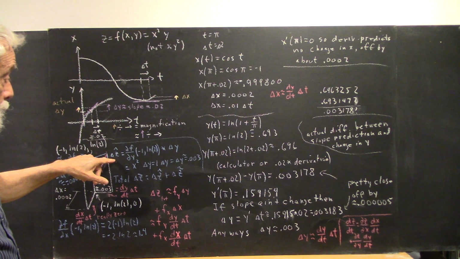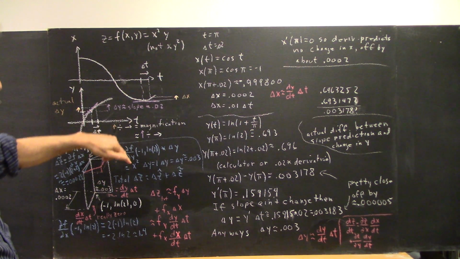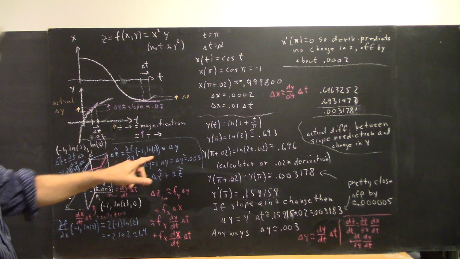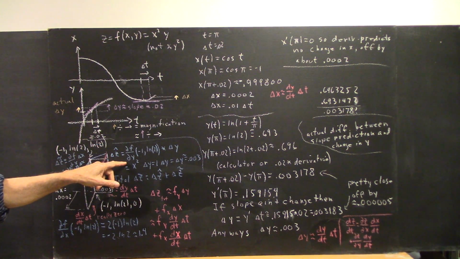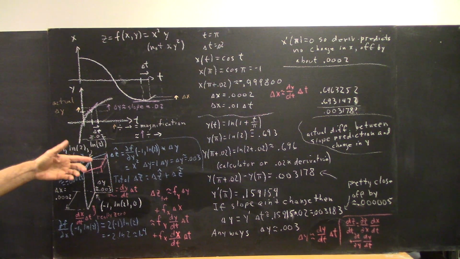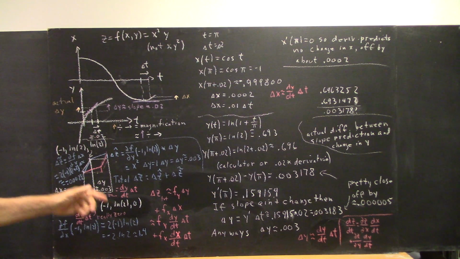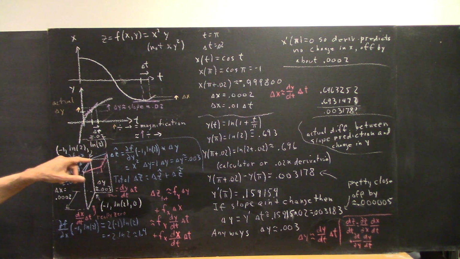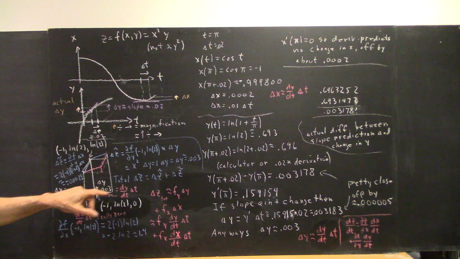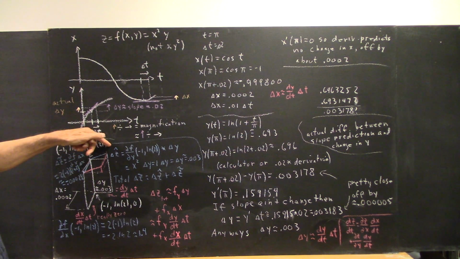Well, the change in z is going to be approximately equal to the partial derivative of f with respect to y evaluated at this point, because what does the partial derivative with respect to y give you? It gives you the rate of change of z with respect to y at this point. Now, if that rate of change continues, then we can multiply that rate of change by the change in y and get the resulting change in z.